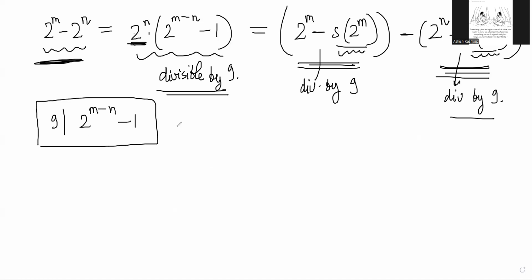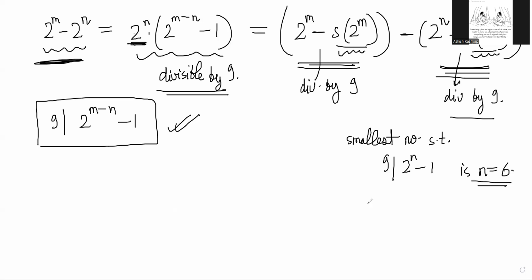Okay, great. So we have come to this step here. And just now we saw that the smallest number such that 9 divides 2 power n minus 1 is n equal to 6. And any higher number where 9 divides it in this form must be a multiple of 6. So first of all, we know m minus n is greater than or equal to 6.